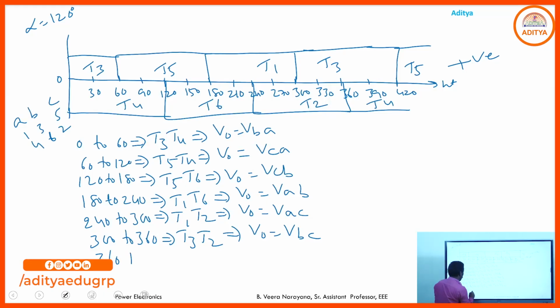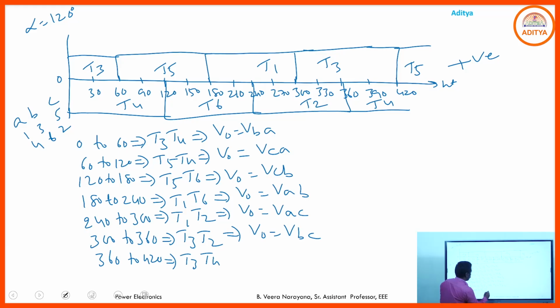And 360 to 420, T3, T4, V0 is equal to VBA. So where you start with VBA, you end up at VBA. From this you draw the output voltage waveform.